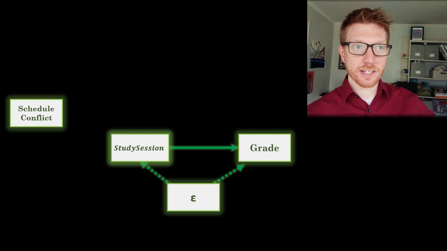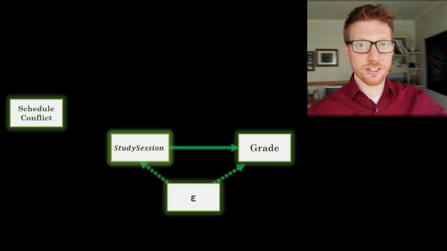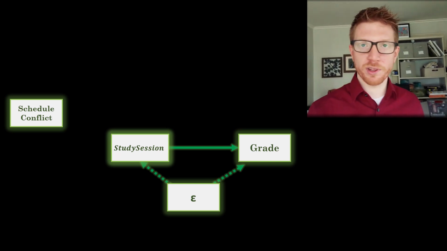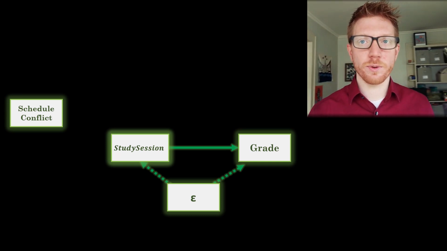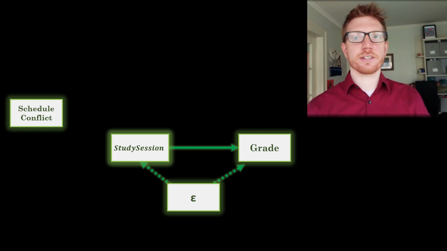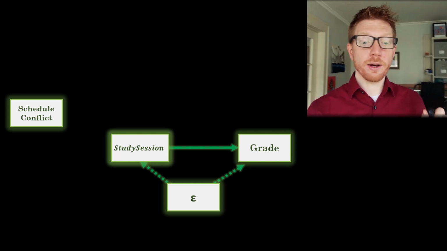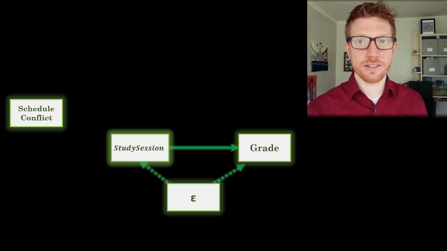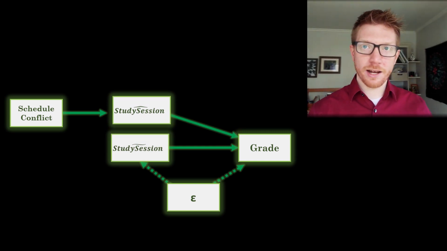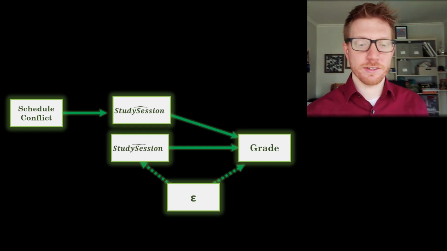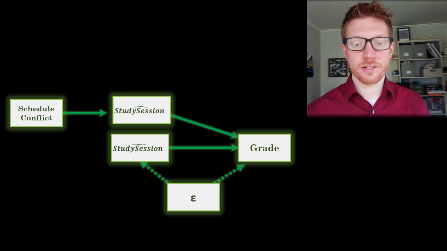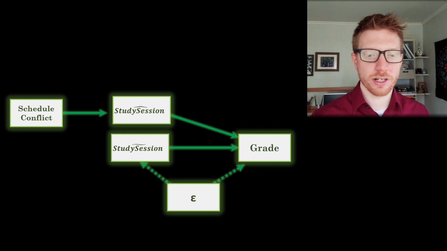So if you have a legitimate schedule conflict, like you previously had a meeting scheduled before the professor decided when the study session was, that is probably going to be independent of other things that impact grade, but is going to impact attendance at the study session. So that's going to allow us to separate out one portion of showing up to the study session that is exogenous, or independent, from that schedule conflict.